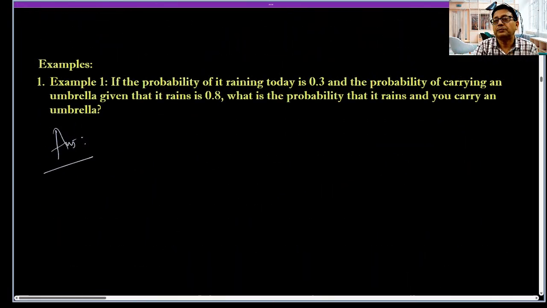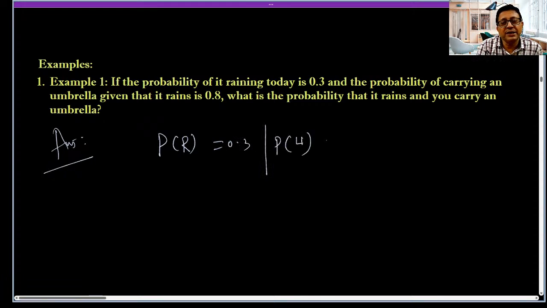How to? Probability of raining today is 0.3. So probability of rain 0.3. Probability of carrying umbrella is 0.8. Okay, that it rains. What does it mean? Given that it rains, so U by R given here. Don't write U only.